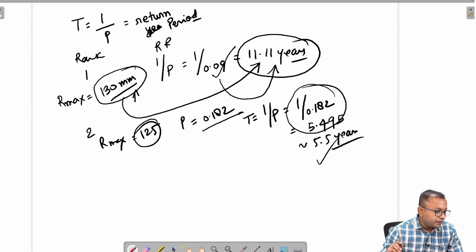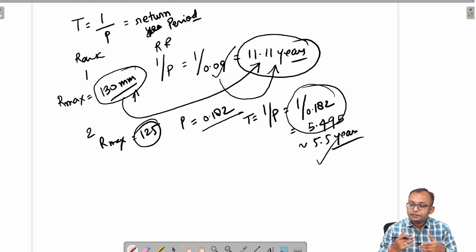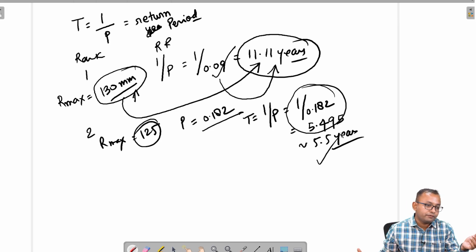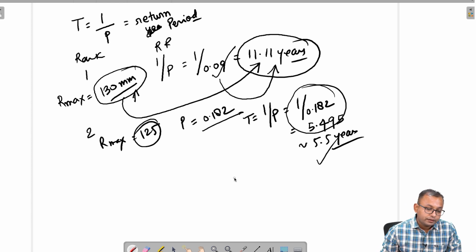So, we can calculate the probability of each different event, we can calculate the return period of each different event based on whatever data set we have, and then we can try to look at a sort of relationship between these different events.